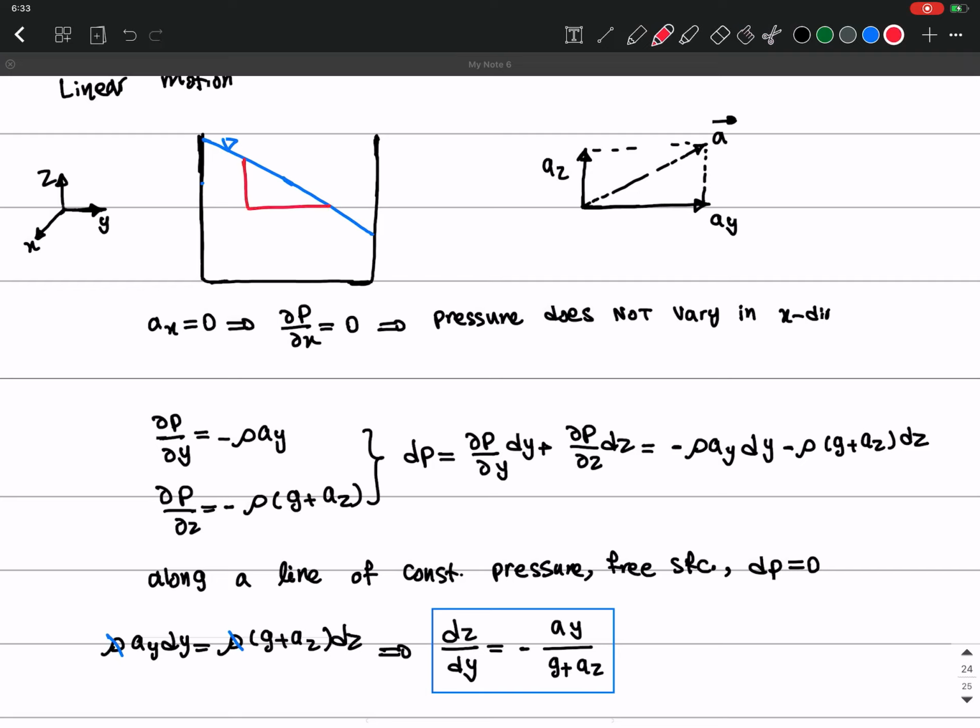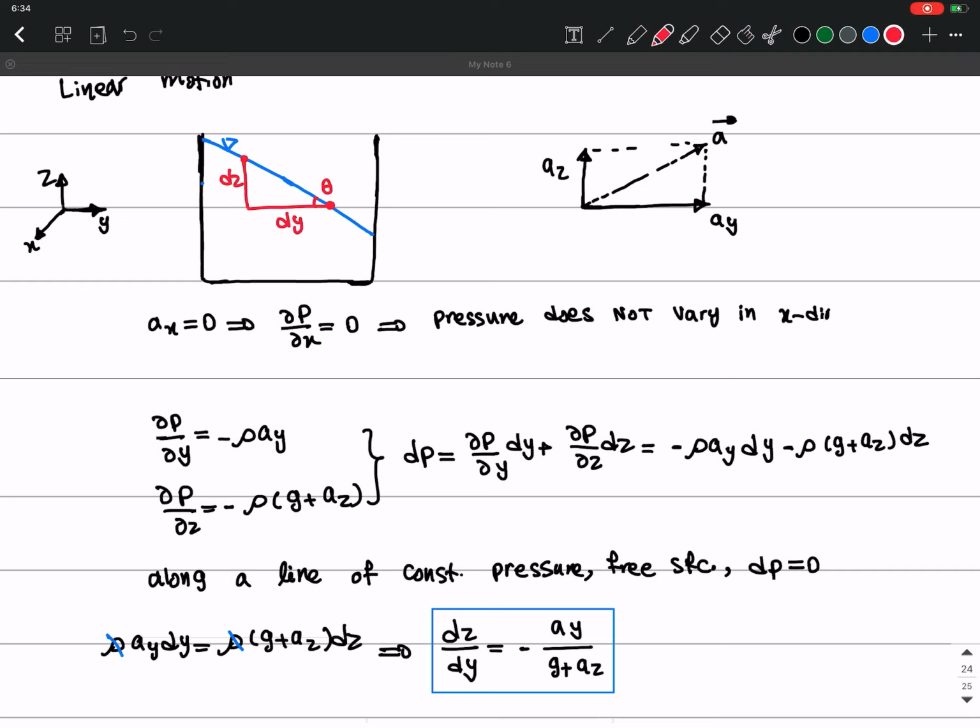Here you know that the pressure difference between these two points is going to be 0, because both are on the free surface. So I can say that here I have dy and here I have dz. So dz over dy is going to be the tangent of this triangle here, and that slope equals minus ay over g plus az.